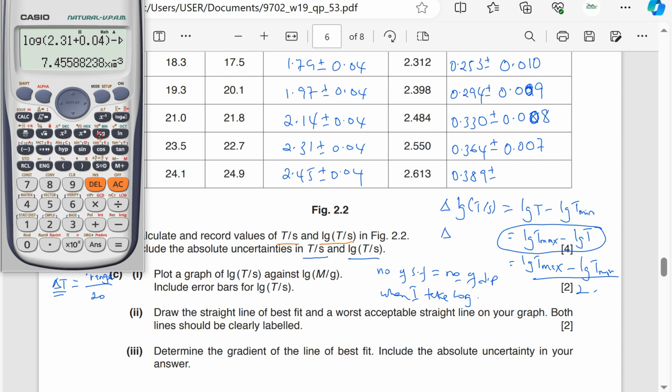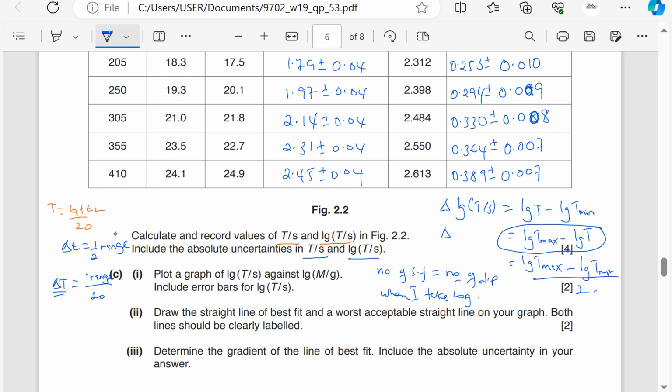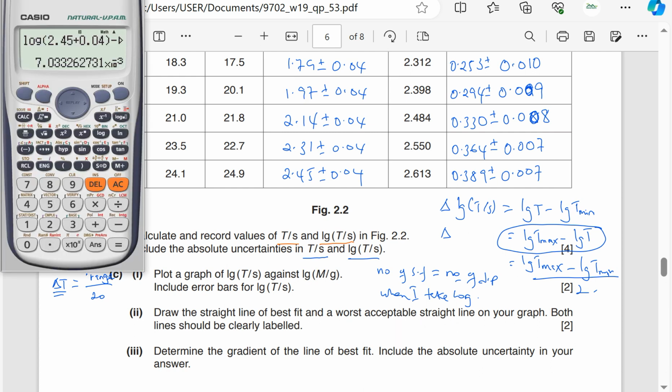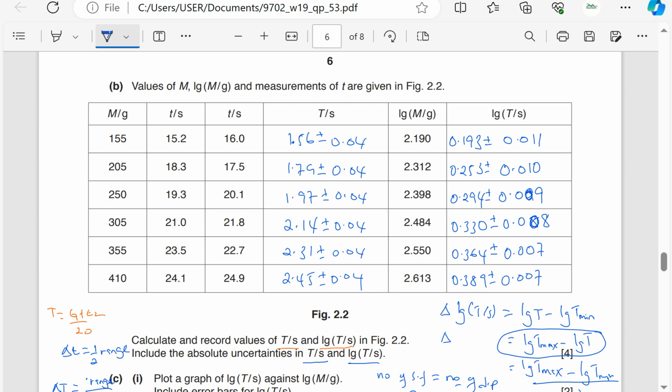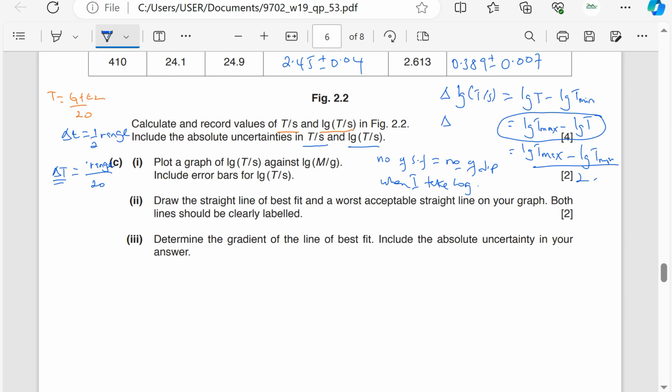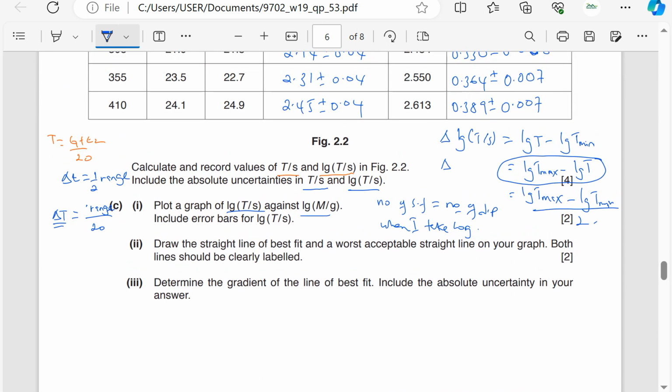Then the next one is log of 2.45 plus 0.04 minus the log of 2.45, which gives us 0.007. So those are the uncertainties. They range from 0.011 down to 0.007. Okay. So having done that, plot a graph of log of t against log of m.